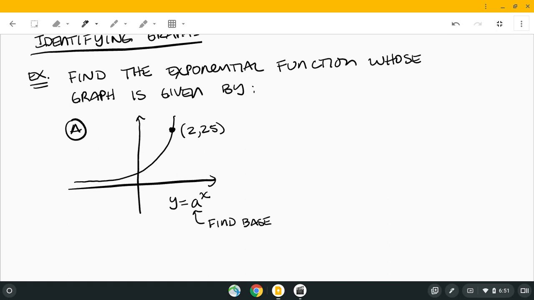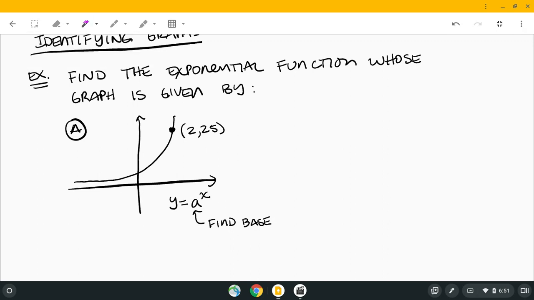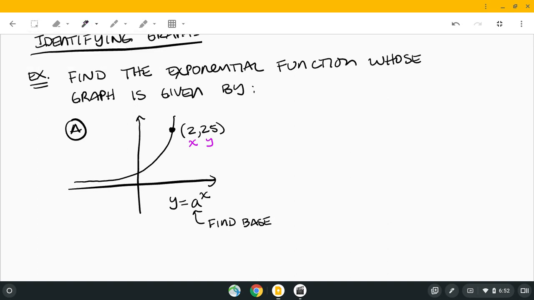Okay. So if you can't tell what that is just by observing there, then plug in this x and y value right here. If you can't tell that the base is 5, then use that x and y value, and then maybe you'll be able to see it when it's written in this form. A squared equals 25.